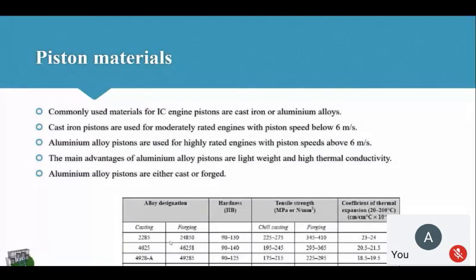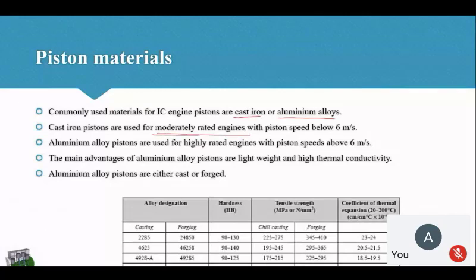Now let's have next, piston material. The commonly used material for the IC engine is cast iron, or aluminum alloy. Cast iron pistons are moderately used. They are used for moderately rated engines.